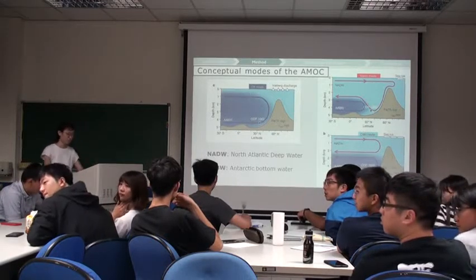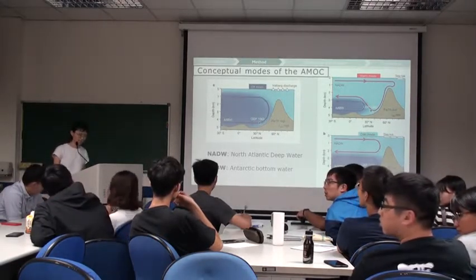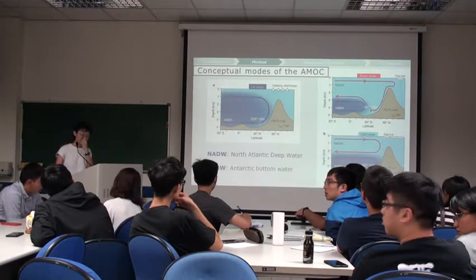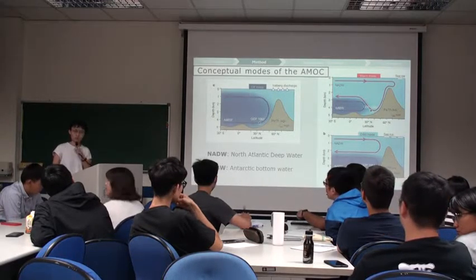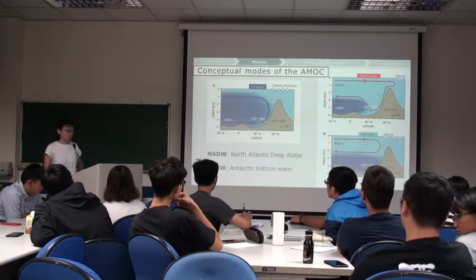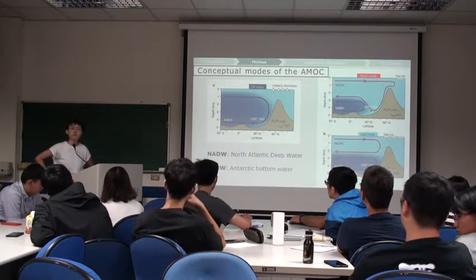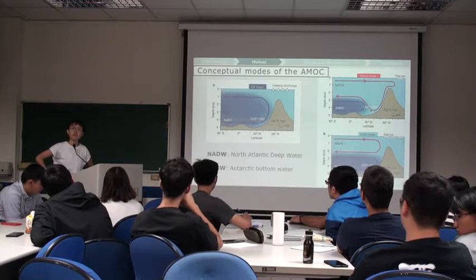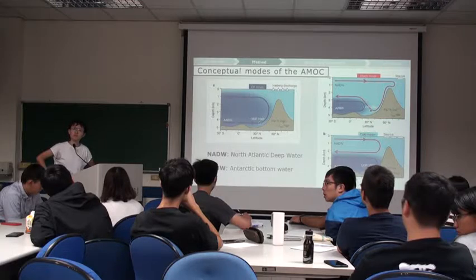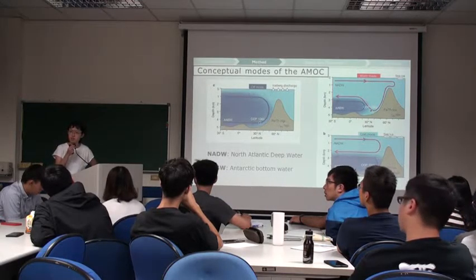You say that the AMOC will influence the climate or the temperature. So I want to ask, if AMOC weakens, will temperature in the northern hemisphere increase or decrease, and do you think AMOC will increase or decrease in the future?